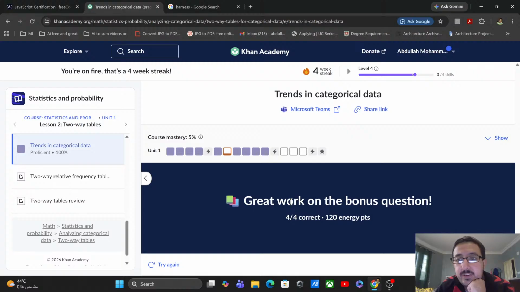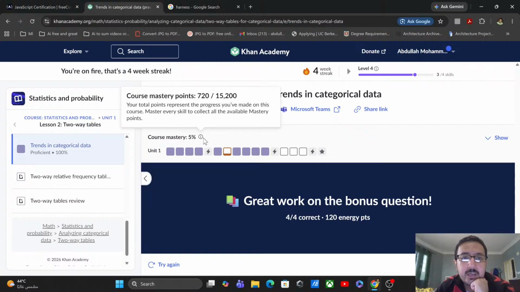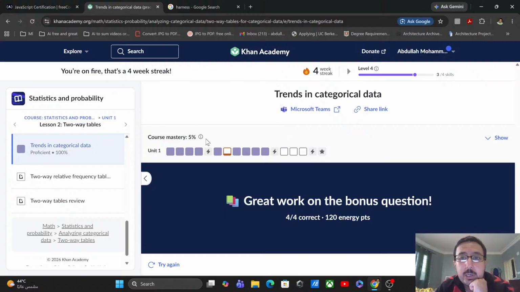Course mastery 5%. Total points represent the progress you've made on this course. Master every skill to collect the available mastery points. So this is 5% out of the course of statistics and probability.